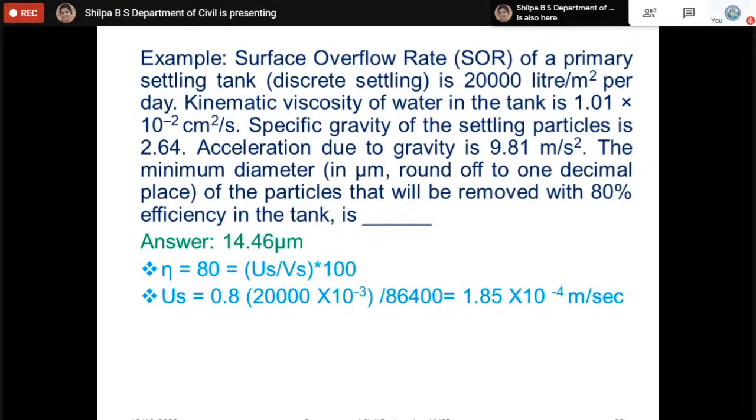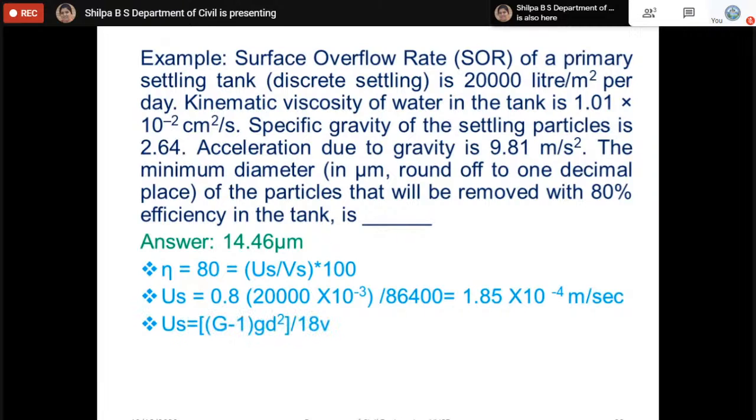So the surface overflow rate into the efficiency: 0.8 into 20,000 into, since 20,000 liters is given, we need to convert it into meter cube, so I have multiplied by 10 to the power minus 3, and we need to express it in terms of seconds, so I have divided by 60 into 60 into 24, that is 86,400. So we get 1.85 into 10 to the power minus 4 meter per second.